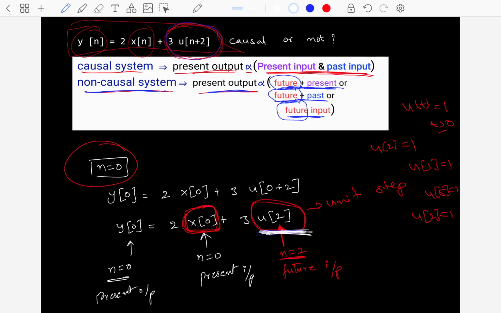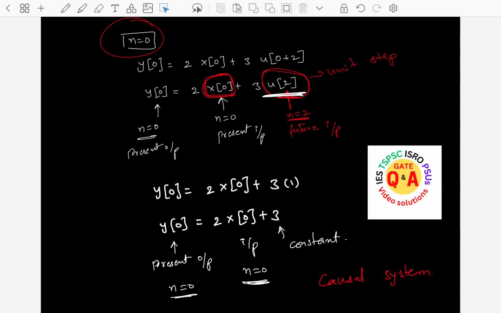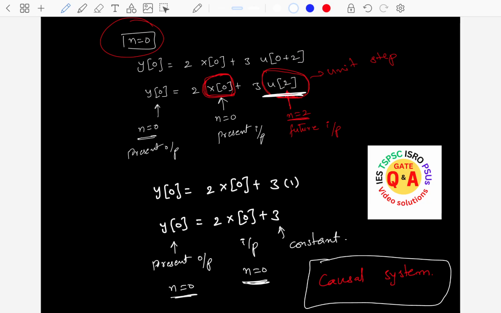That's why this question is known as a special question or special case. So the system is a causal system.